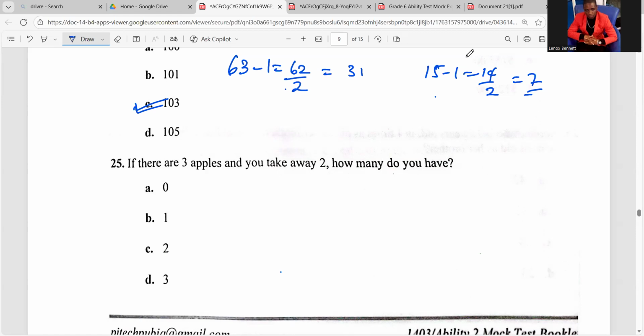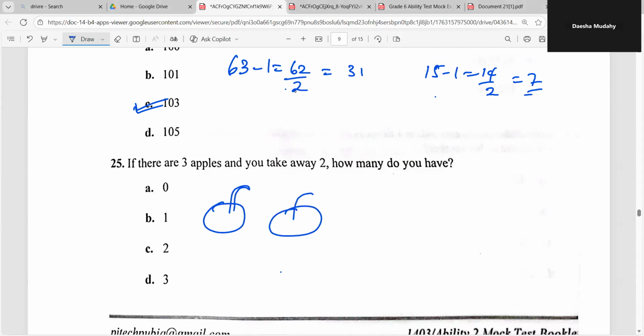You guys will shed some light on this for me. So, sir, it says if there are 3 apples and you take away 2, how many do you have? So, you're talking about you. So, if you take 2 apples from the 3 apple pack, you will get 2 apples.